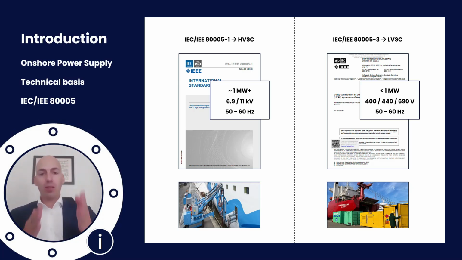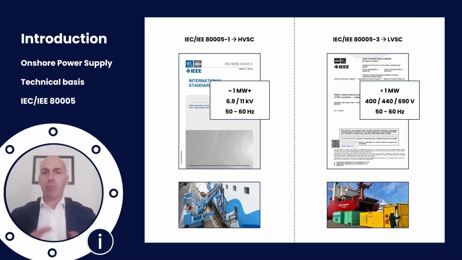also. So the difference between those, and I have to look it up because it is stated in 80005-1 that it is expected that HVSC systems will have practical applications for ships requiring 1 MVA or more, or ships with high voltage main supply. So you can still choose what you want if you're at that split, and 1 MVA, so 1 megavolt amp, is not the same as 1 megawatt. It's actually, you always have less megawatts available than MVAs, but that's also quite technical and not needed here.